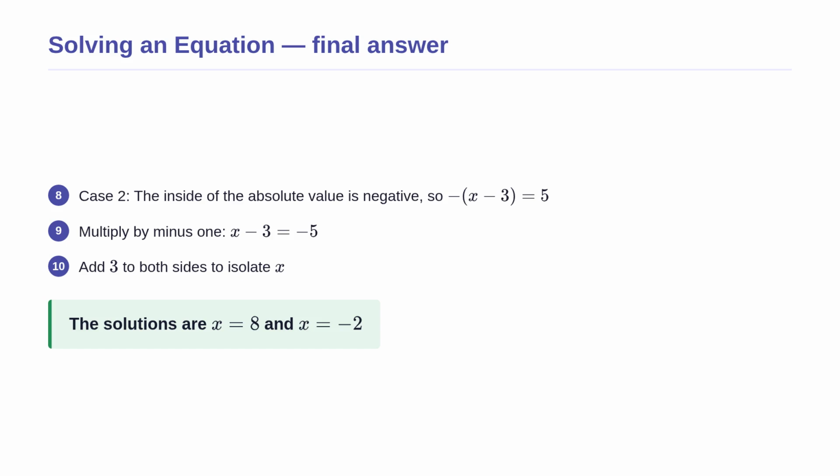Now we must consider the second case, moving to the left. Here, the inside of the absolute value is negative, so we multiply it by -1, giving minus the quantity x minus 3 equals 5. To make this easier, we multiply both sides by -1, shifting the negative sign to the right side.